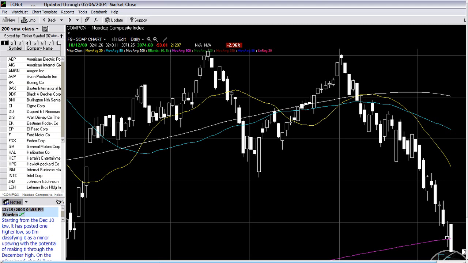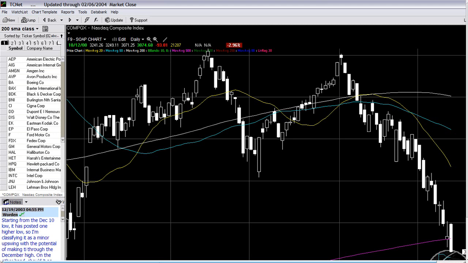As soon as it takes out the lows of the first wave, now you're in wave 3 and heading to one of your other longer term moving averages. In this case, it happened to be the 500-day, way out in October before we had a bounce. The stock market had one of the sharpest sell-offs in its history between September and October of 2000 before we saw a bounce, and it was off of the double top.